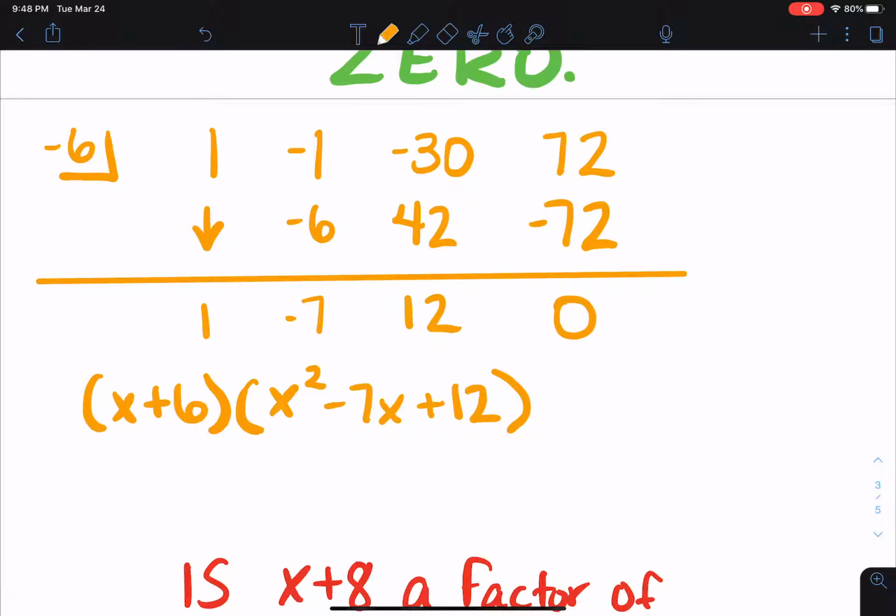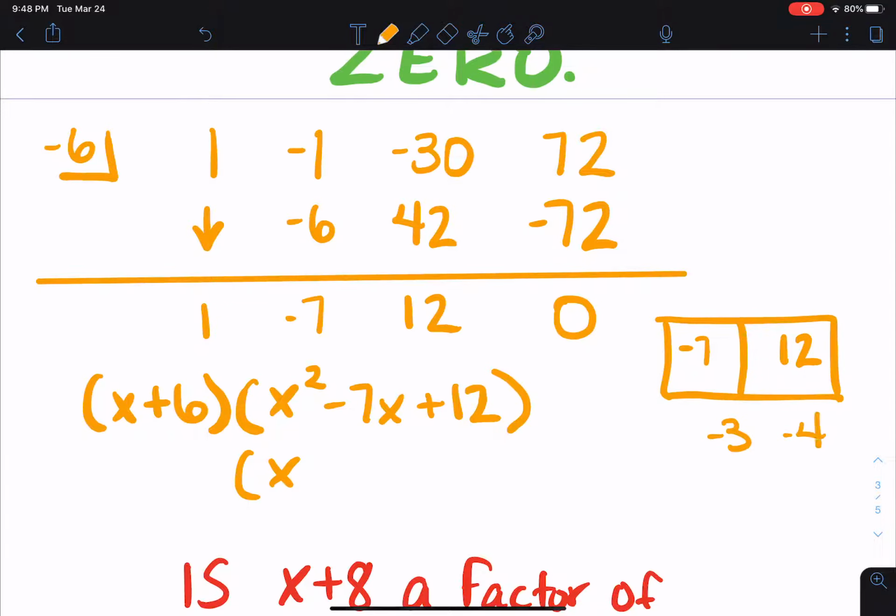And we could break that down into x. I know that if we wanted to find what multiplies to give me 12 and adds to give me negative 7, I could find that negative 3 and negative 4. If they're multiplied together, they equal 12, and negative 3 plus negative 4 is negative 7.